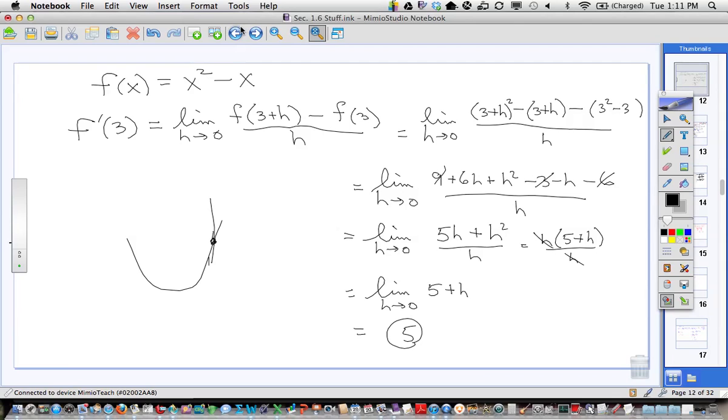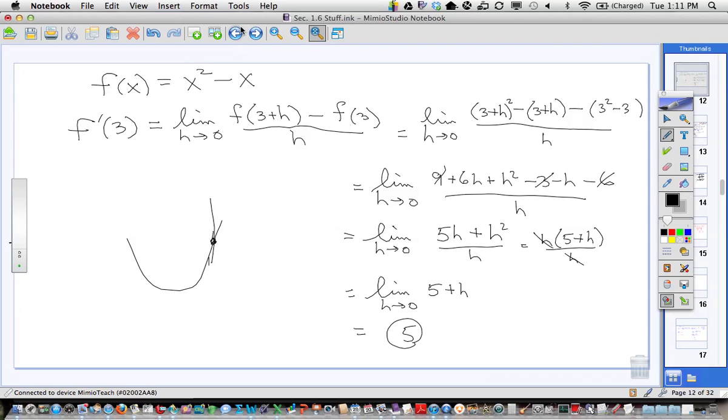Now, let me say that again. This is critically important. F of 3 plus h, which is the first part of our definition, says take 3 plus h and put it where the x was. Well, if we're going to work this backwards, then that piece of information is vital. I'm going to focus on the 3 plus h, because I know that was a very important part of this definition.